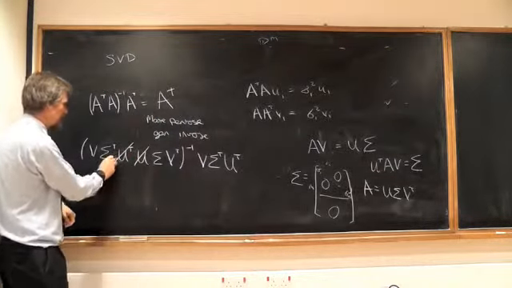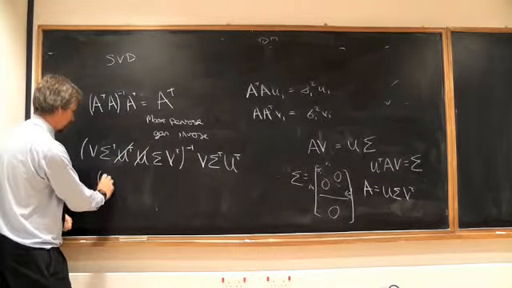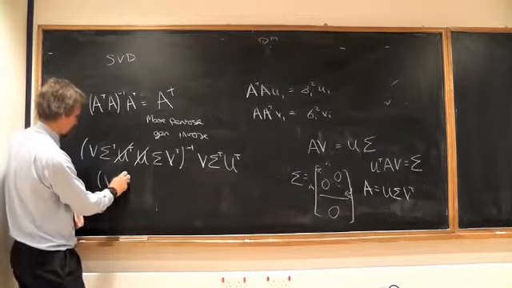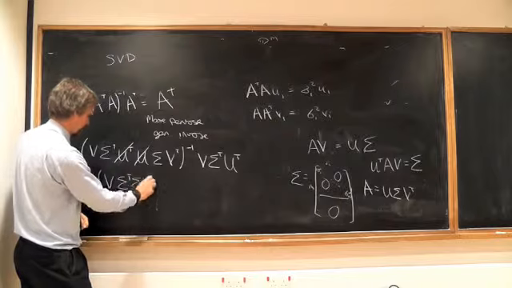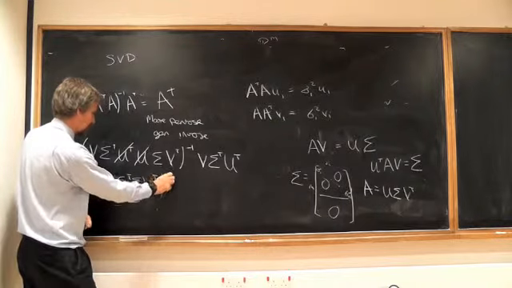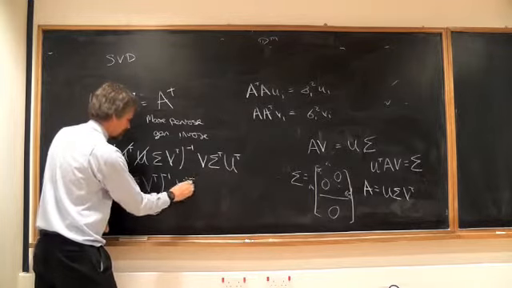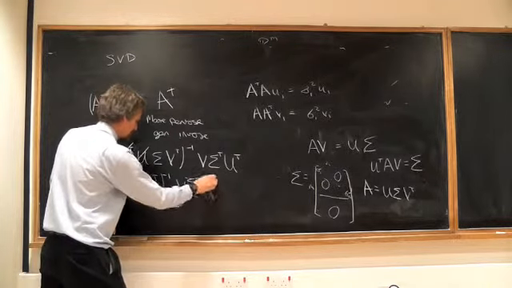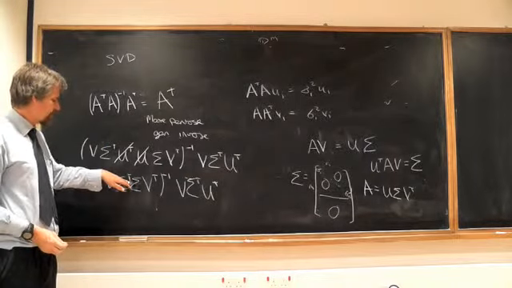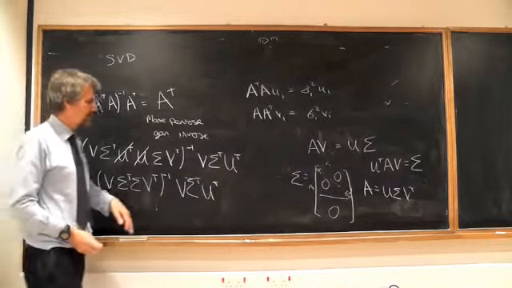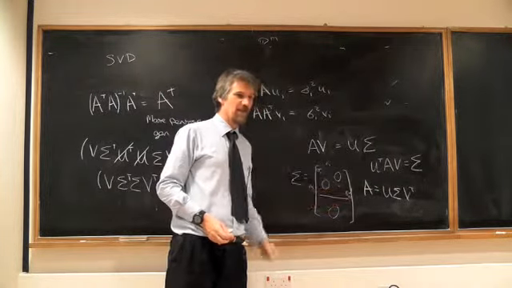And of course these U's cancel out, and so I've got V sigma transpose sigma V transpose, and of course sigma transpose sigma is the square n by n matrix of sigma squareds.